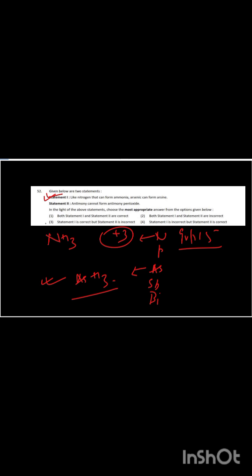Statement 2, antimony can form antimony pentoxide. Antimony Sb can form Sb2O5, pentoxide. So here its oxidation state is +5. So group 15 elements can show two oxidation states, +3 and +5. Why two oxidation states?